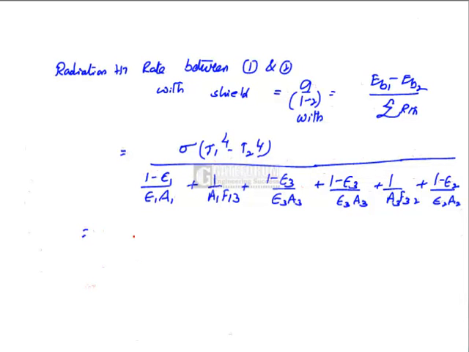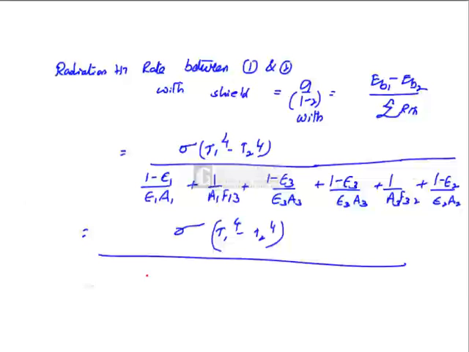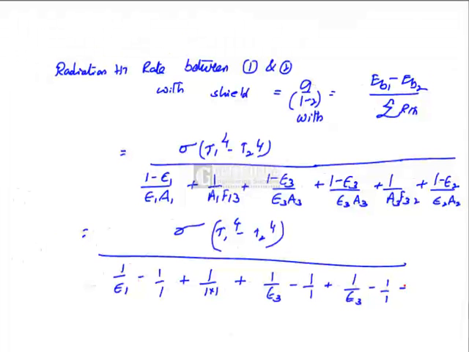That is considered as here A1 is A3 is A2 is 1 meter square. So putting the values of A1 equal to A3 equal to A2 as 1, we get 1 by epsilon 1 minus 1, plus 1 by 1, plus 1 minus epsilon 3 by epsilon 3 minus 1 by 1, plus 1 minus epsilon 3 by epsilon 3 minus 1 by 1, plus 1 by 1, plus 1 by epsilon 2 minus 1 by 1.